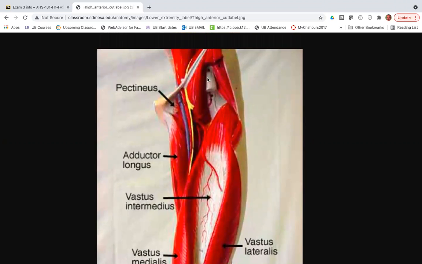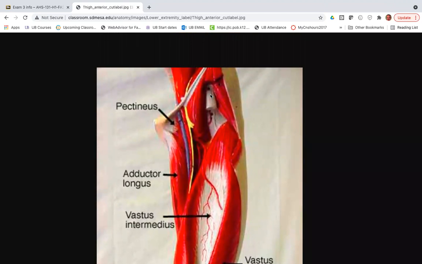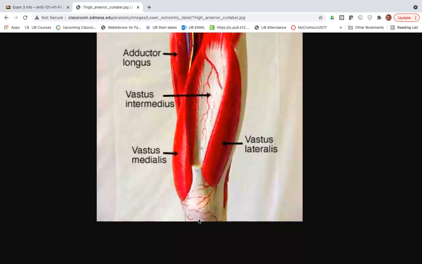We cut the tendon, but this is the origin, which is the anterior inferior iliac spine. That's the origin of the rectus femoris, but all of the quads insert on the tibial tubercle.